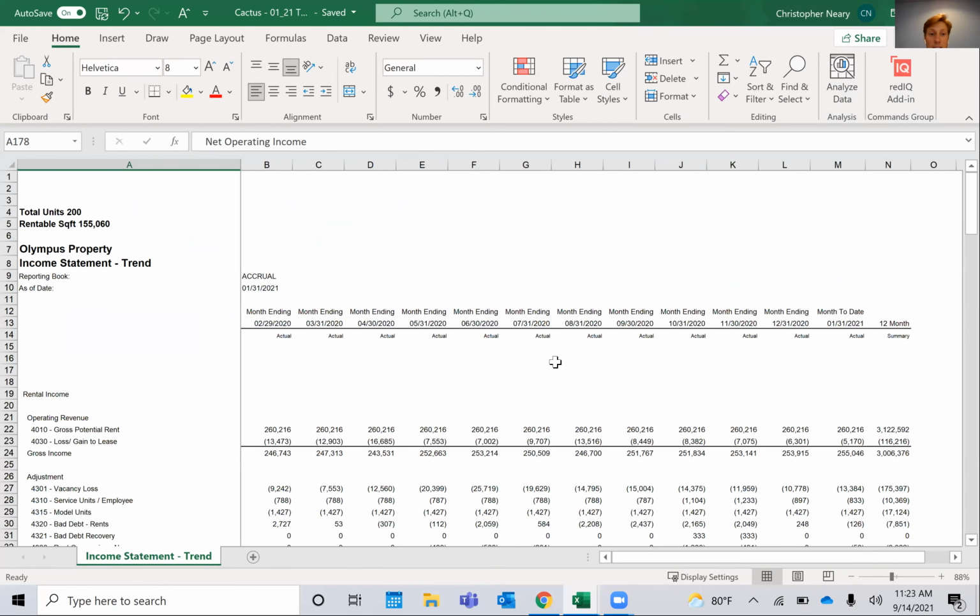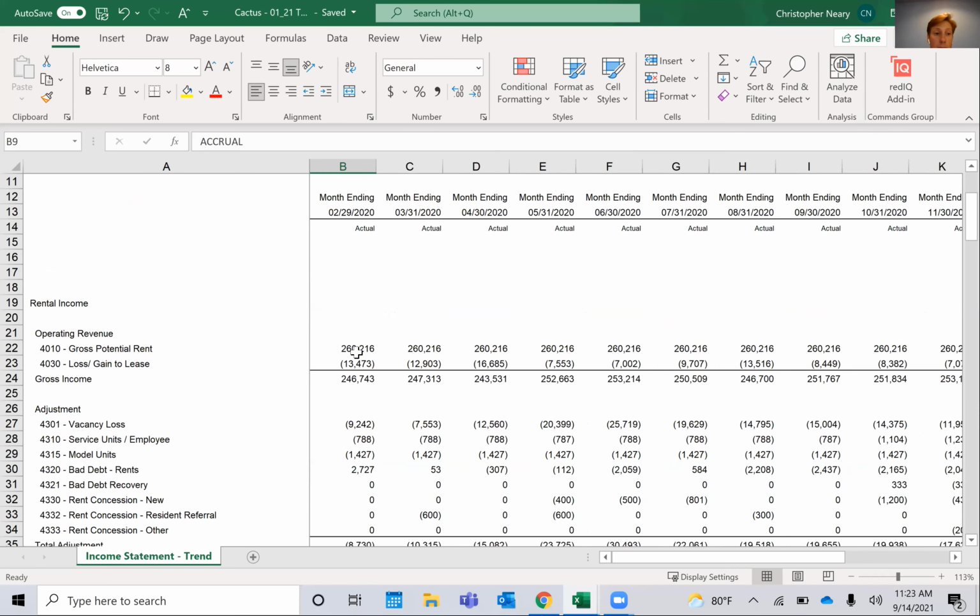So this is an accrual, meaning that the gross potential rent is a projection. This is a projection of what the property expects to get on a monthly basis. That said, this number can be incorrect. It cannot be as accurate as a cash T12.